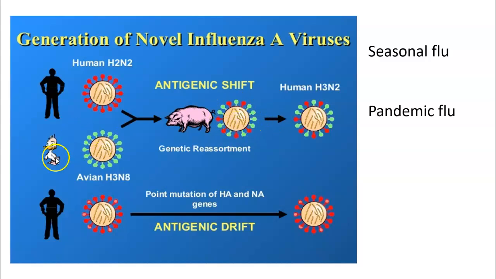And if you have a bird flu that's very deadly, and a human flu that's not very deadly, but is able to infect humans, you could end up with a deadly flu that can infect humans. And that's where we get so worried about the bird flus, because a lot of those are very highly pathogenic and cause a relatively high rate of death. So we call that antigenic shift.